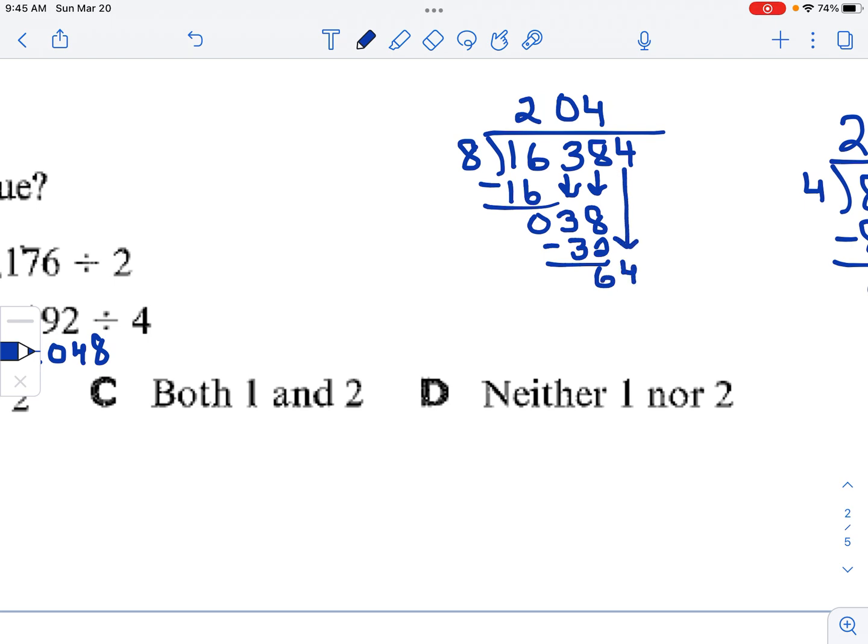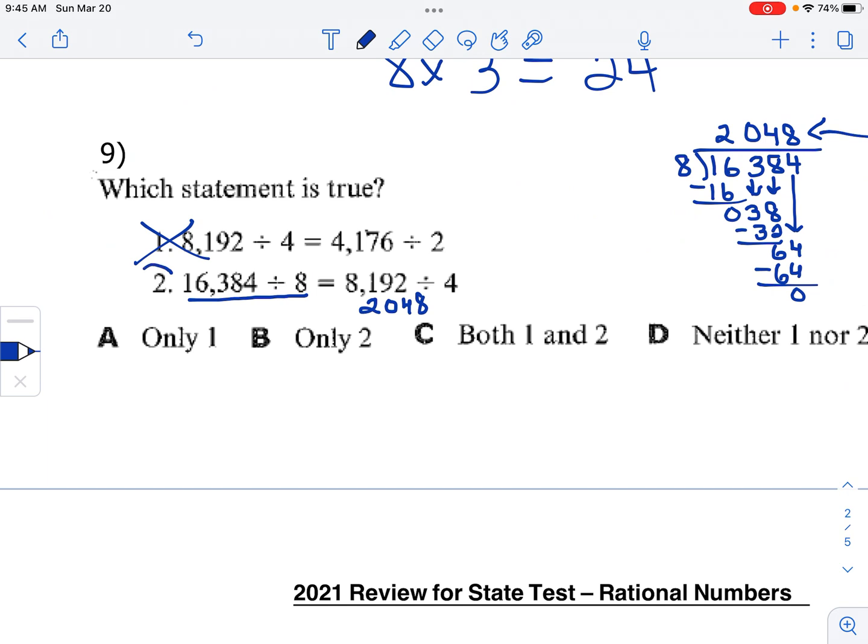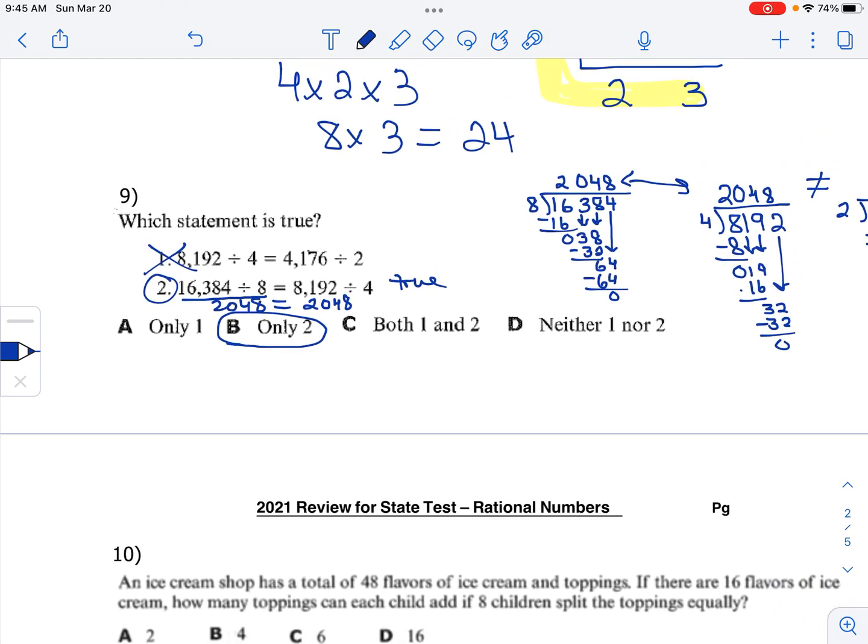And I'm going to bring the 4 down to make it 64. 8 goes into 64 8 times. And we have 0 remainder. So these two quotients are equal. So statement number 2 is true. So that is option B. Only statement number 2 is true.